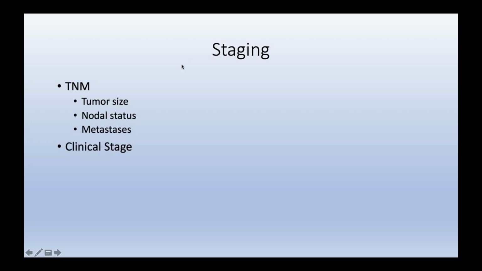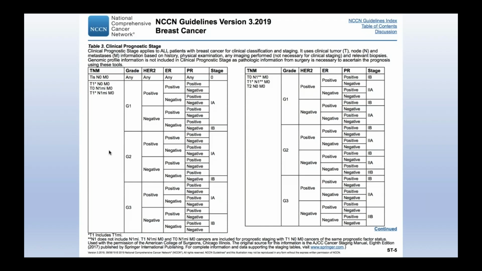The final thing here is staging. So all of those criteria that I went through earlier here go into what's called the TNM staging. T stands for tumor size, N is the nodal status, and M is presence or absence of metastases. And each one of those letters gets a different score, and based on that, a stage is established.